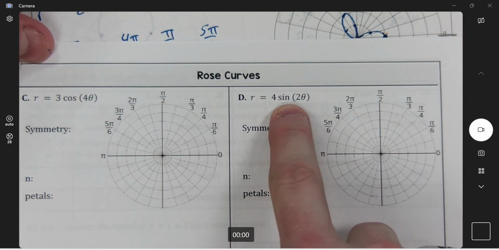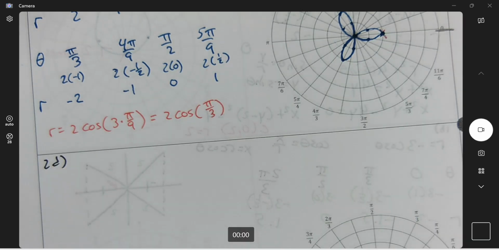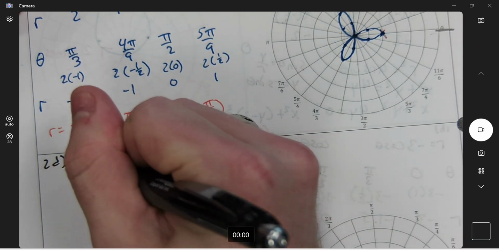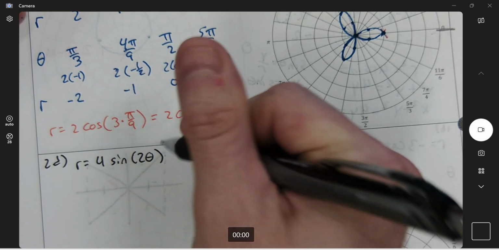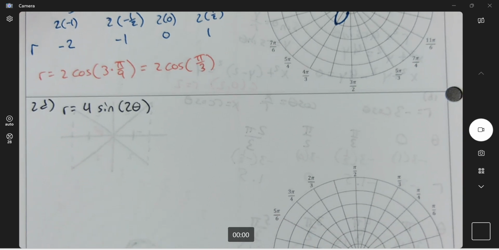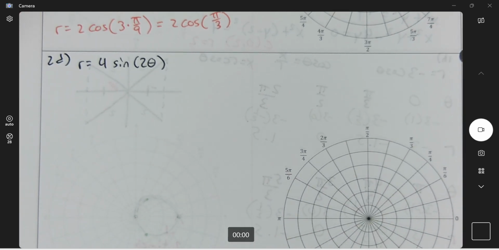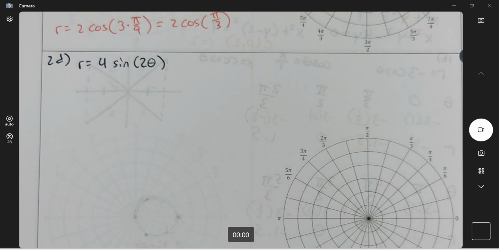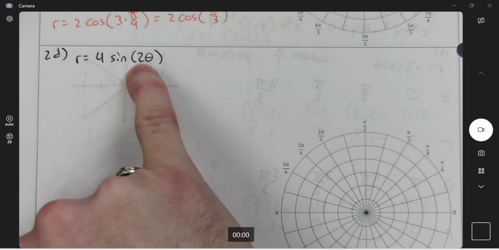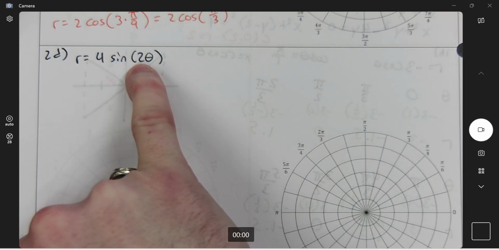Let us go to 2d now, 4 sine of 2 theta. Now remember, if we wanted to see the entire graph, we would have to stretch the domain from 0 to 2 pi, doubled. We'd have to go out 0 to 4 pi to see everything.